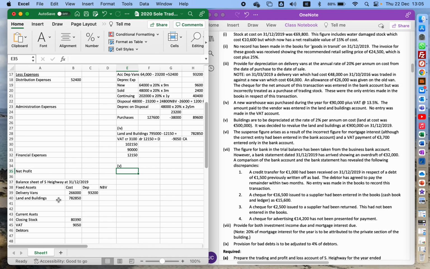So I'm going to have accumulated depreciation of buildings, or land and buildings. We're going to have a depreciation expense. Okay, and then we're going to have a revaluation reserve. Okay, and I might as well also put in my land and buildings as well.